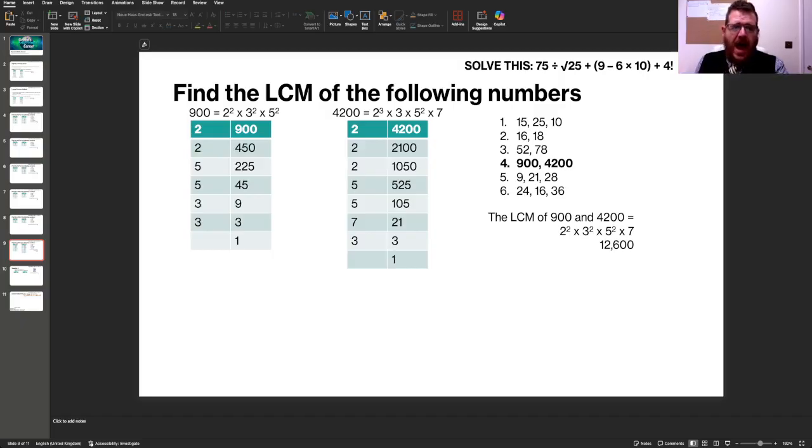Unless, of course... there we go. I've just worked out where I've gone wrong. I've just spotted a 2 cubed. That sorts things out. 2 cubed is 8, times 9 is 72, times 25.